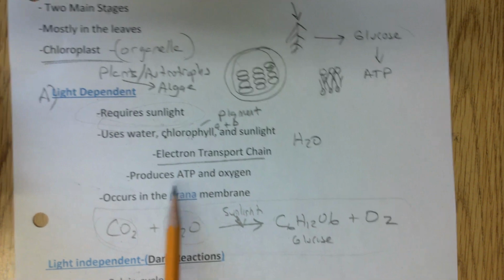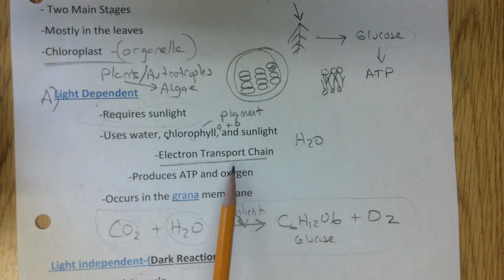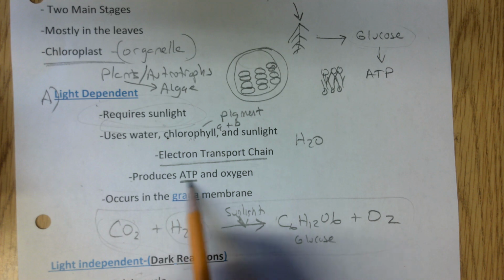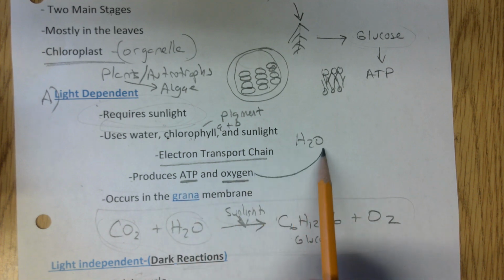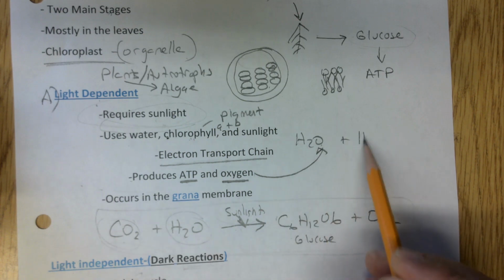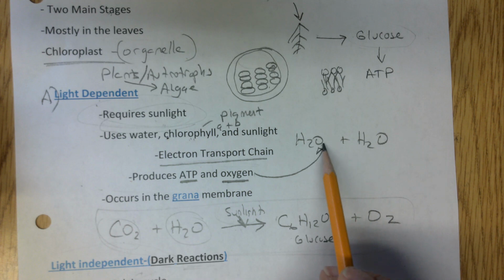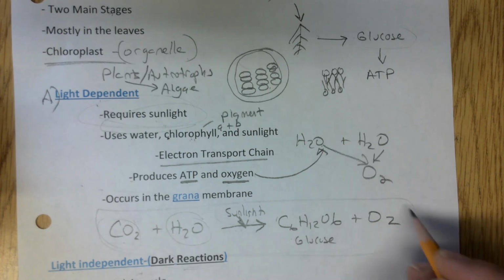Okay, but also during these light-dependent reactions, where this electron transport chain uses electrons to create products needed, it produces ATP and it produces oxygen. The oxygen comes from H2O. You have this oxygen on the end, so if you take an H2O and an H2O, take these two oxygens and put them together, you get O2 gas.